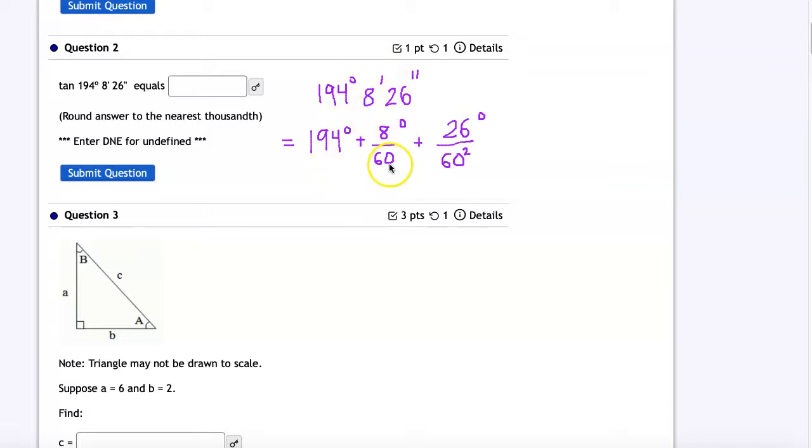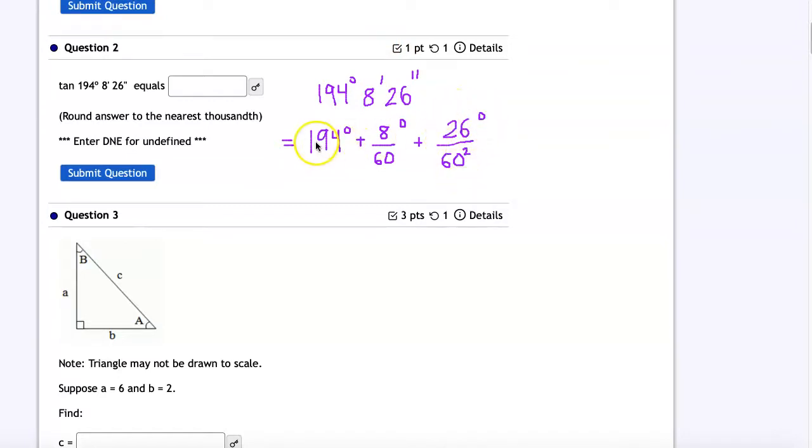Remembering that there are 60 minutes in 1 degree, we can rewrite 8 minutes as 8 over 60 degrees. And since there are 60 seconds in 1 minute, there would then be 60 squared seconds in 1 degree. So that would be 26 over 60 squared degrees.